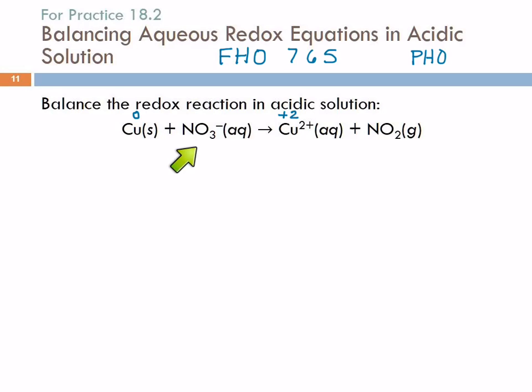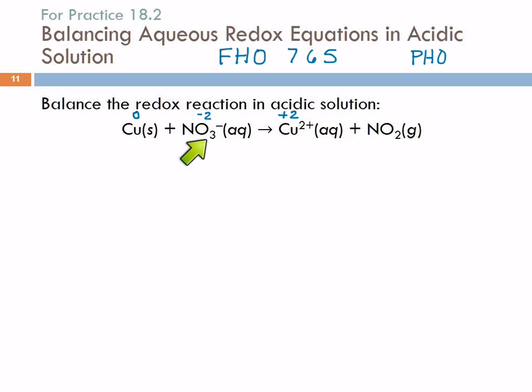So oxygen comes before nitrogen. Nitrogen's in group 5. So the oxygen gets to be what it would have for a charge as a monatomic ion. So the oxygen gets to be -2. Then what is the nitrogen going to have to be so that the oxidation states add up to -1? +5.